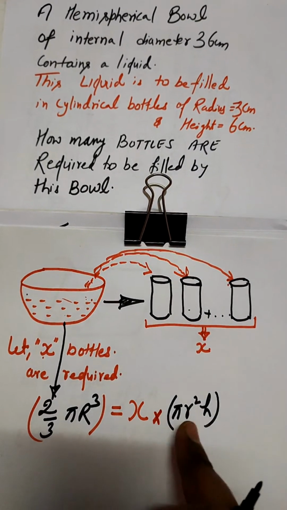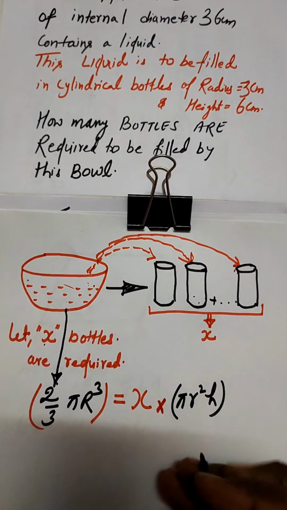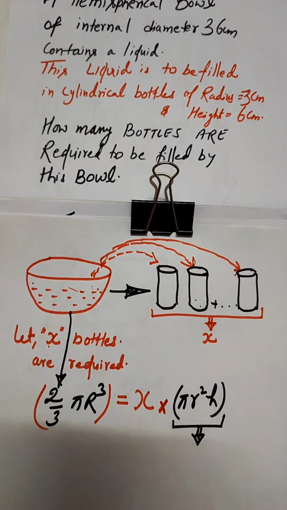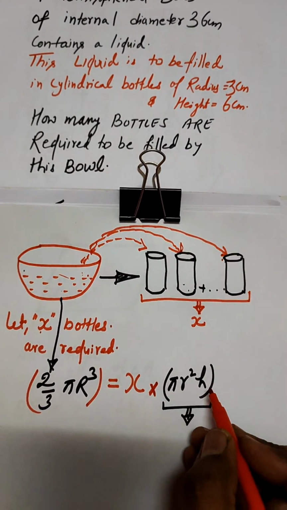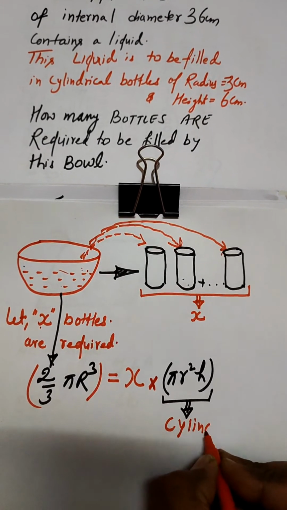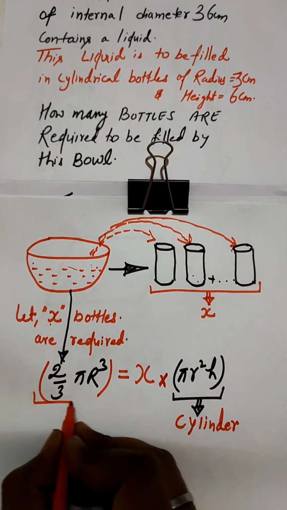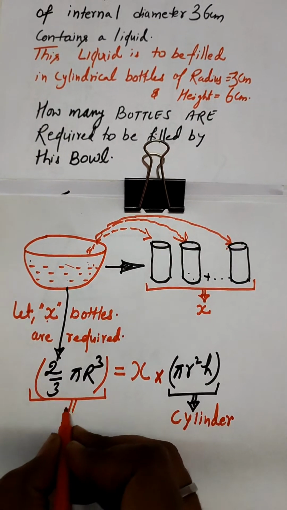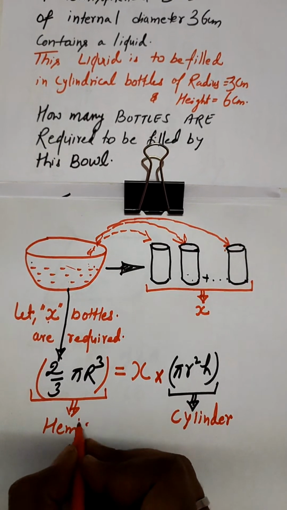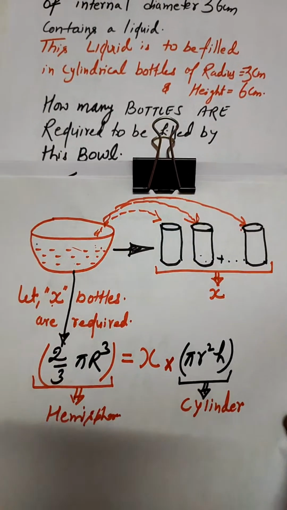Small r and small h are the dimensions of the cylindrical bottle, and capital R is for the hemispherical bowl.